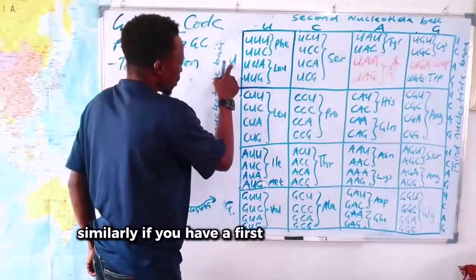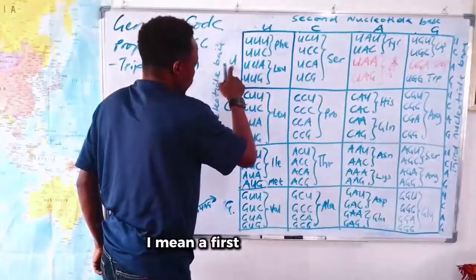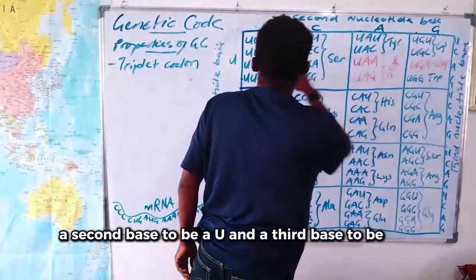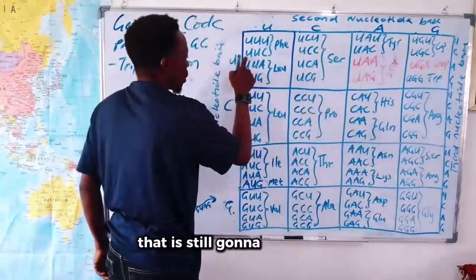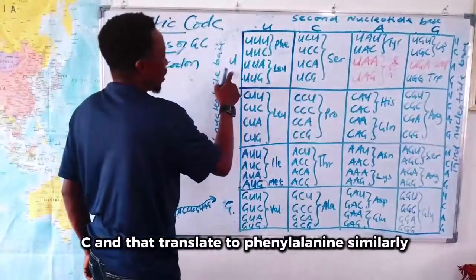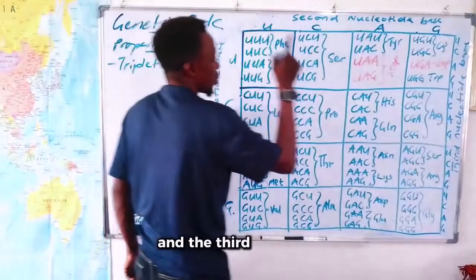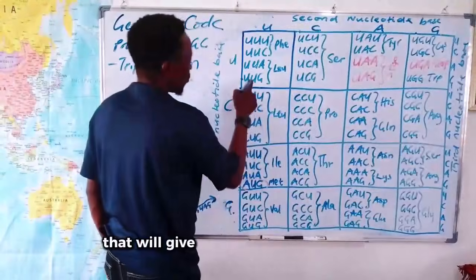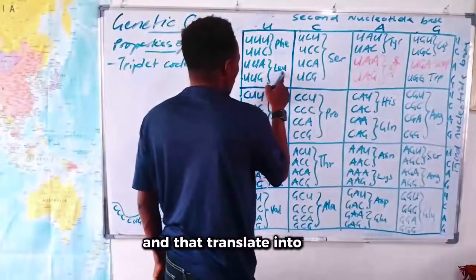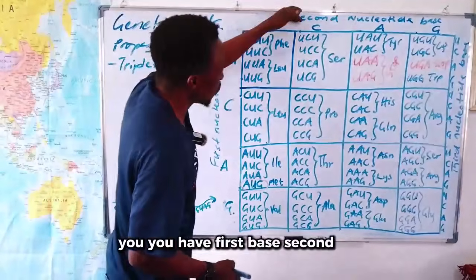Similarly, if the first base is a U, the second base is a U, and the third base is, let us say, a C, that gives you UUC, and that translates to phenylalanine. Similarly, if your first base is a U, the second is a U, and the third one is an A, that will give you UUA as a triplet codon, and that translates into leucine. So that's the way you just go: first base, second base, third base.